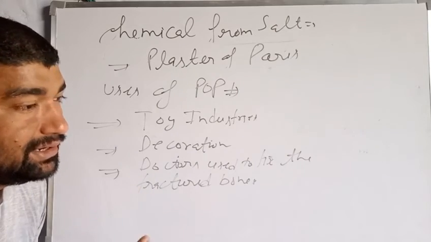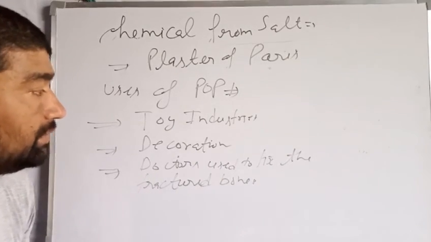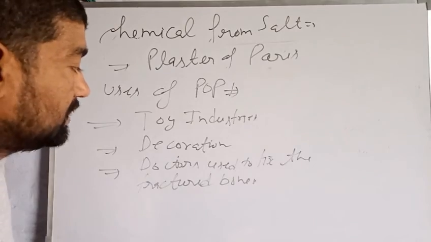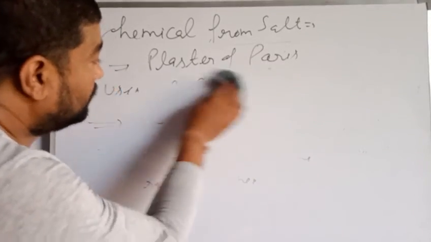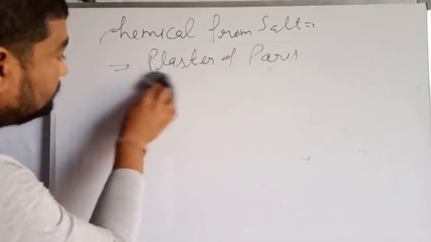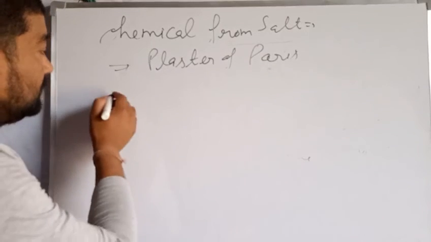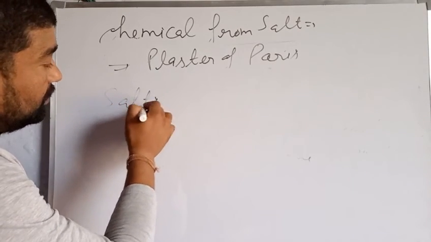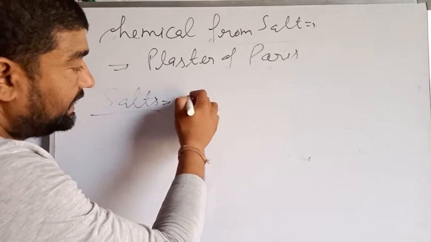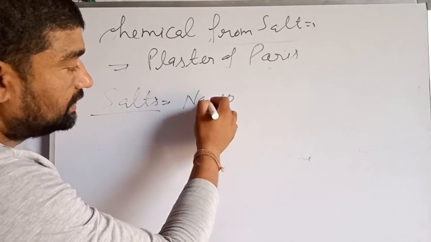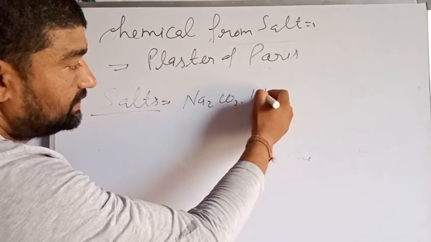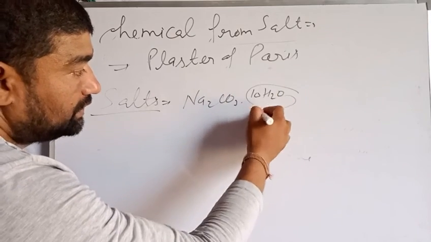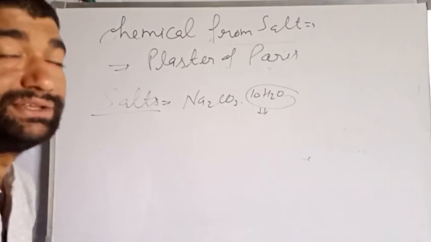And in the last, let me quickly give you a brief overview of the last point, which is about the water of crystallization. Mainly salts, just like we did Na2CO3·10H2O. This 10H2O is called the water of crystallization.